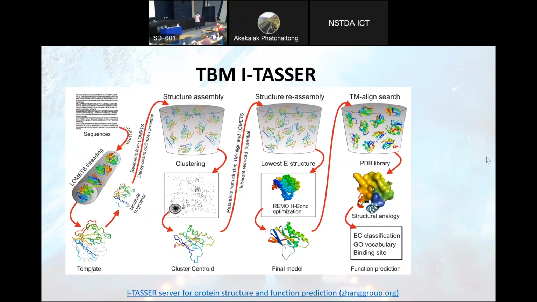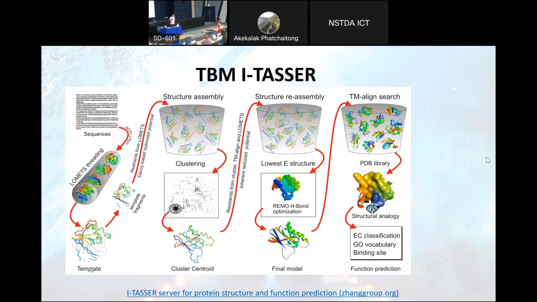Okay, so the idea here is instead of looking for a template for your full protein, which is very hard to get, very rarely you'll get the full template, you break down your protein into small fragments and look for templates for the small fragments, and then you find a way to assemble the different fragments, like molecular replacement.